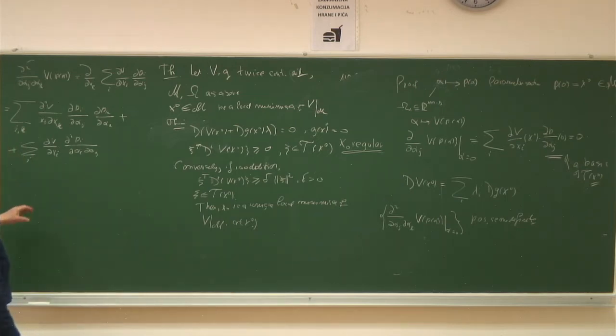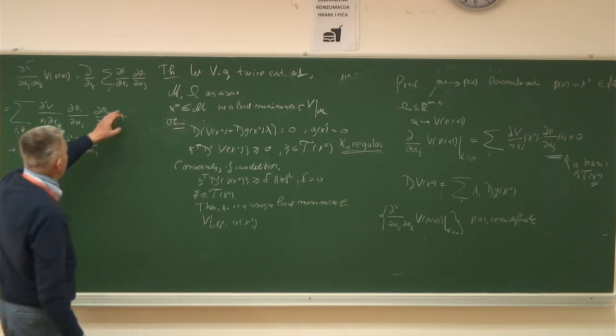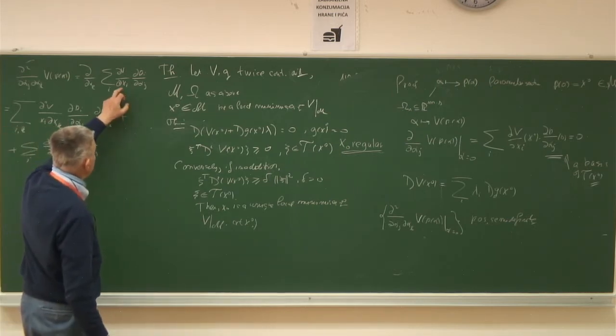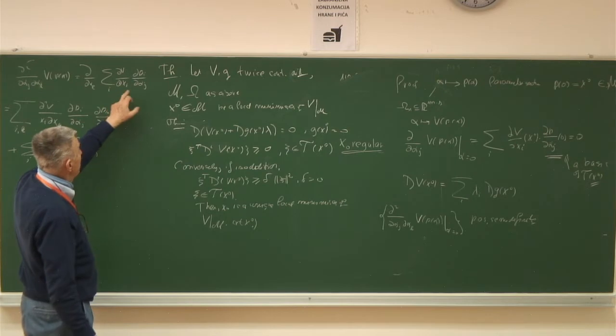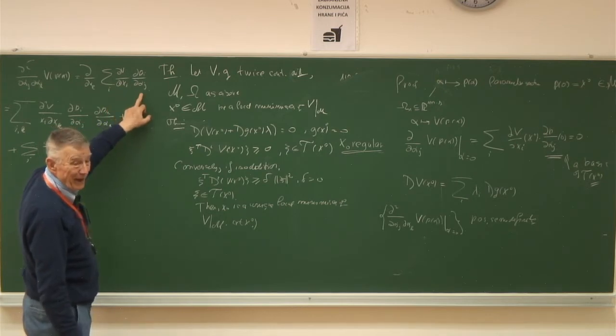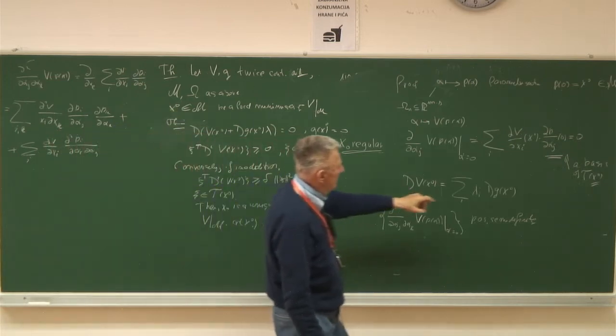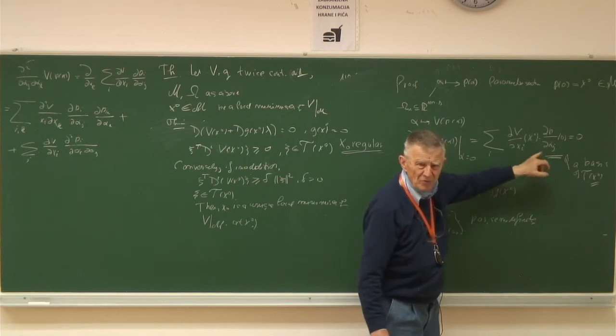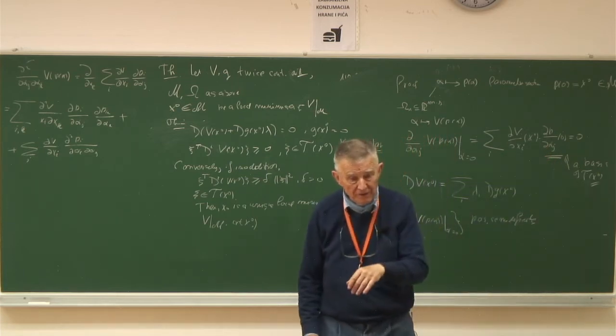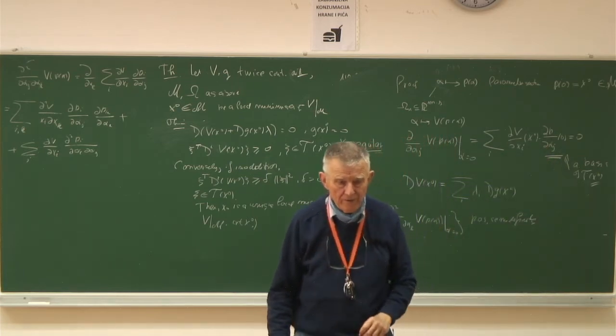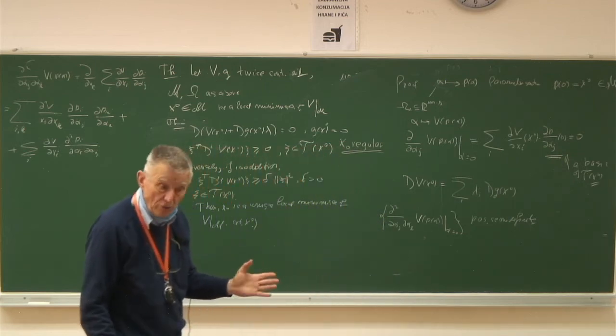I didn't write it completely. This has to be taken at x0. And this has to be taken at alpha equal to 0. It's the short writing. Look here. That's the way you should write it down. First the derivative, and then put the points where you evaluate, according to the chain rule.